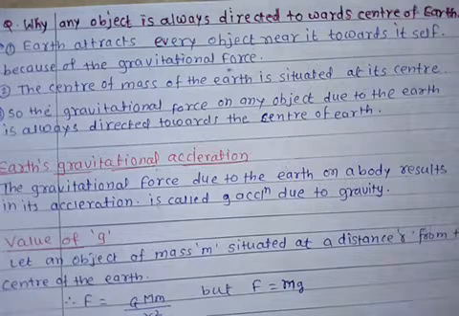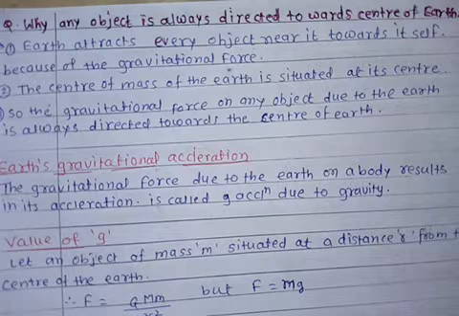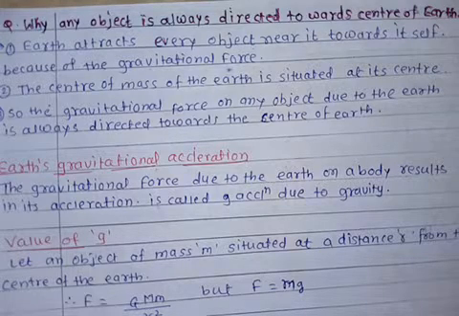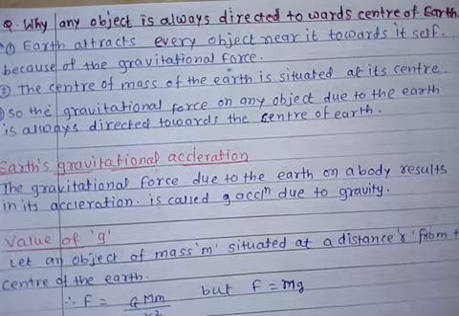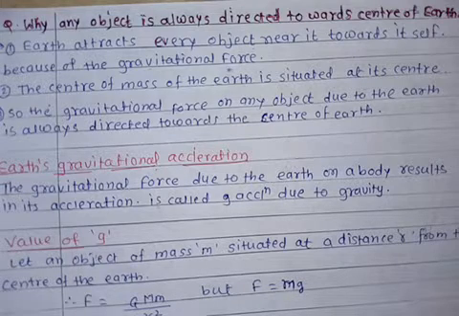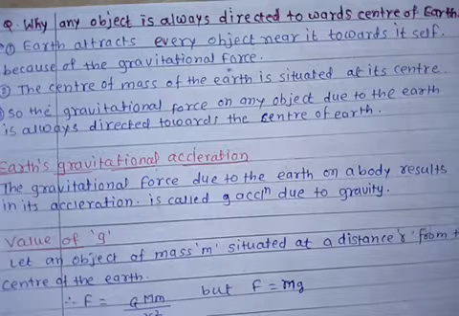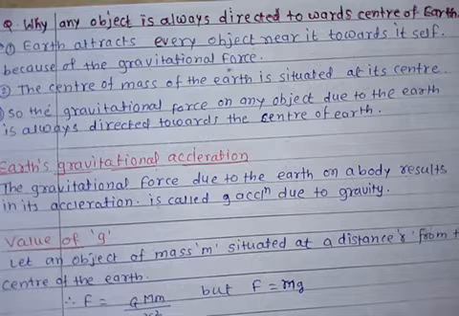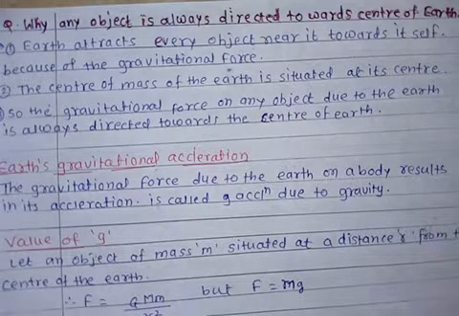When it goes upward, its velocity changes, and at one time its velocity becomes zero, and then it comes back towards the earth, and again its velocity starts to increase, and it is highest when it falls on the earth. The change in velocity at every second is called acceleration, and that is due to the gravitational force.